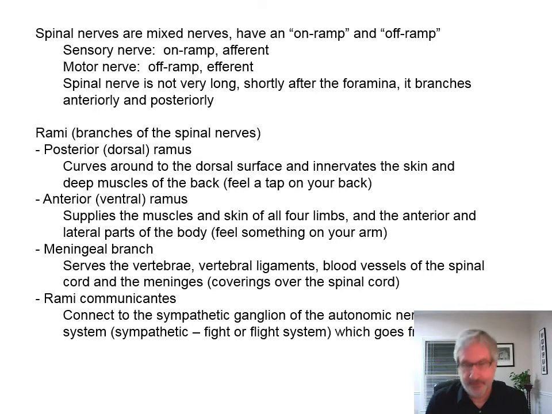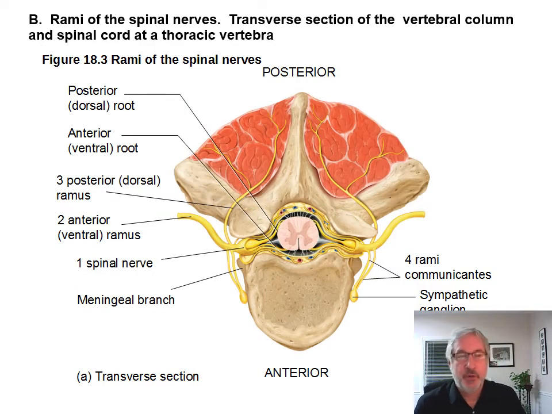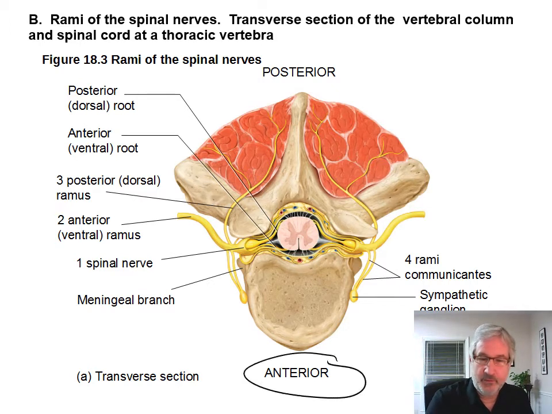All right, next slide. So the rami of the spinal nerves, what are they? Here we're looking down from a superior view on top of a thoracic vertebra, and this is anterior here and posterior here.